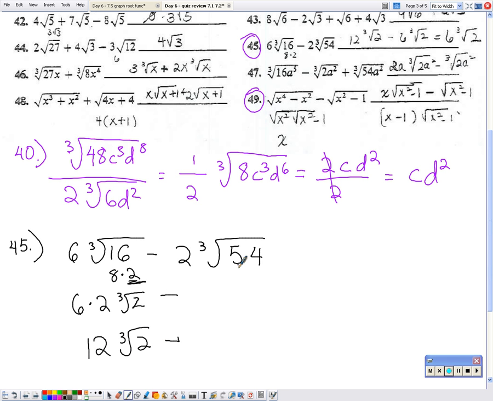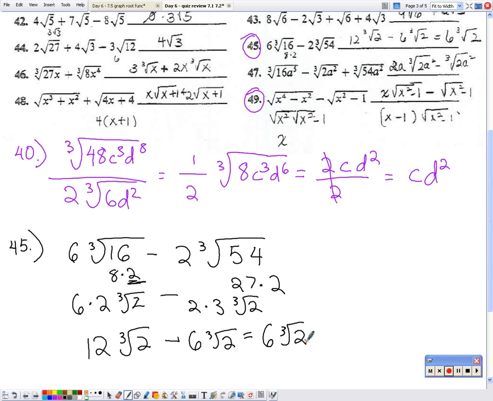Now, 54 is like 27 times 2. The cube root of 27 is 3, so I have minus 2 times 3 cube root of 2, which becomes 6 cube root of 2. So now I just treat these like terms. I have 12 cube roots of 2 minus 6 cube roots of 2 means 12 minus 6 is 6 cube roots of 2.